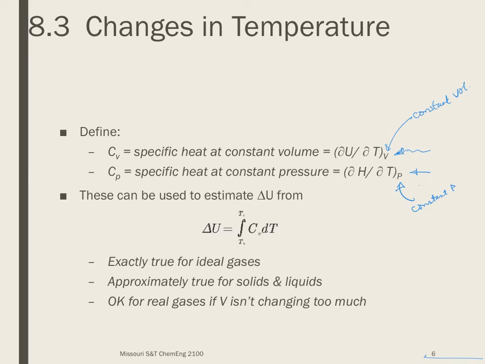Okay, remember, U is a function of temperature only, meaning not volume, not pressure. This will be fairly close to true for solids and liquids. And it's going to be okay for real gases as long as the volume isn't changing too much. Okay, so we have this as an estimation tool. Delta U is C_V dT.